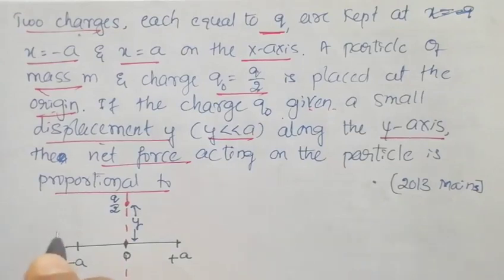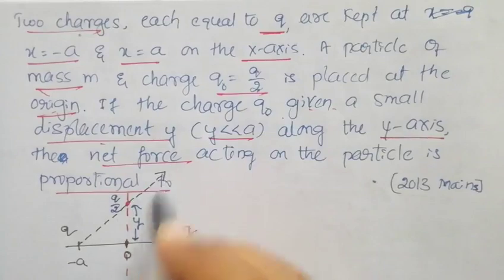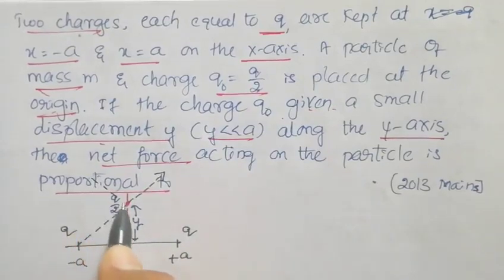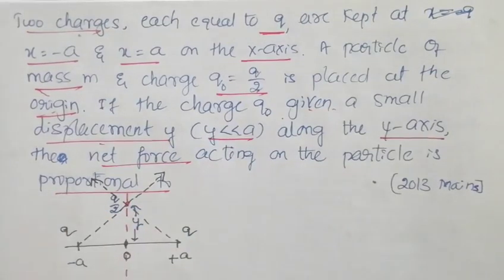Here we kept plus q, and here also plus q. So this will repel in this direction, and this will repel in this direction.